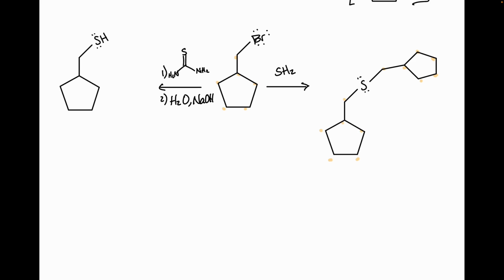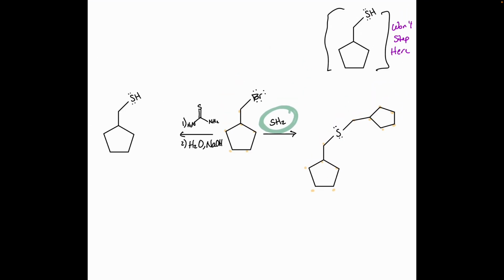Cool. So again, sulfur is such a good nucleophile that it will be able to displace that alkyl halide. But then the thiol that we create is also a good nucleophile. That's just going to turn around and react with yet another molecule of our alkyl halide to create this symmetric sulfide. If we really want to create just a thiol, we want to stop it at that step, we're going to need to use that thiourea method.